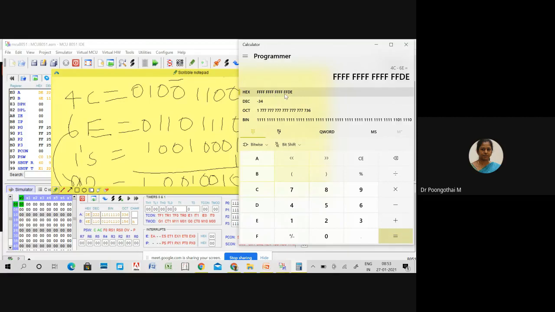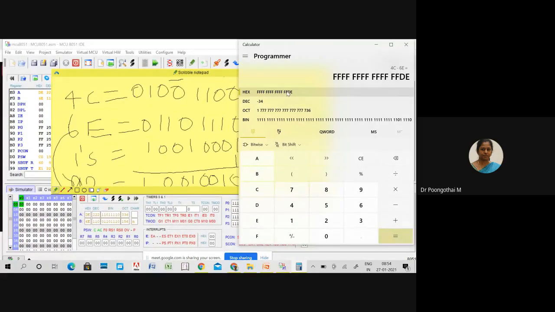Your result is in 2's complement. Since your 8051 supports only 8 bits, you are able to get only DE, but the original is you are supposed to get 22. So that should be complemented. Your carry flag indicates that the result is in negative form.